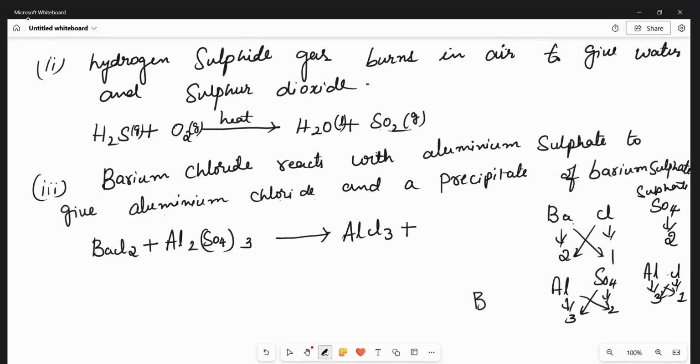Barium valency 2, sulfate valency 2, so 1 barium reacts with 1 sulfate group. So you will get BaSO4. BaSO4 is a precipitate.